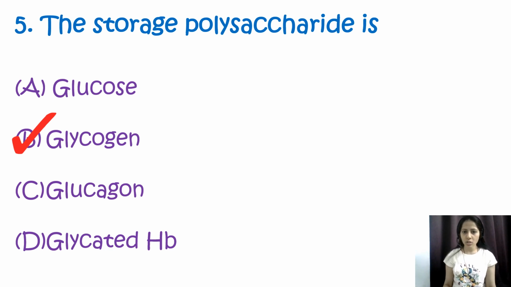Glucagon is a hormone which is involved in the regulation of the blood sugar level. And what is glycated hemoglobin? It is a marker which is used to assess the long-term glycemic control in diabetics. So my correct option is B, that is glycogen.